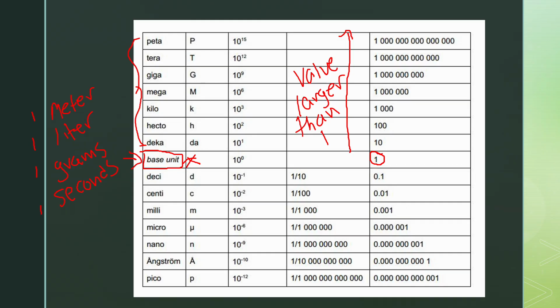And then below the base unit, these are small. These have values smaller than 1. So these are tiny.